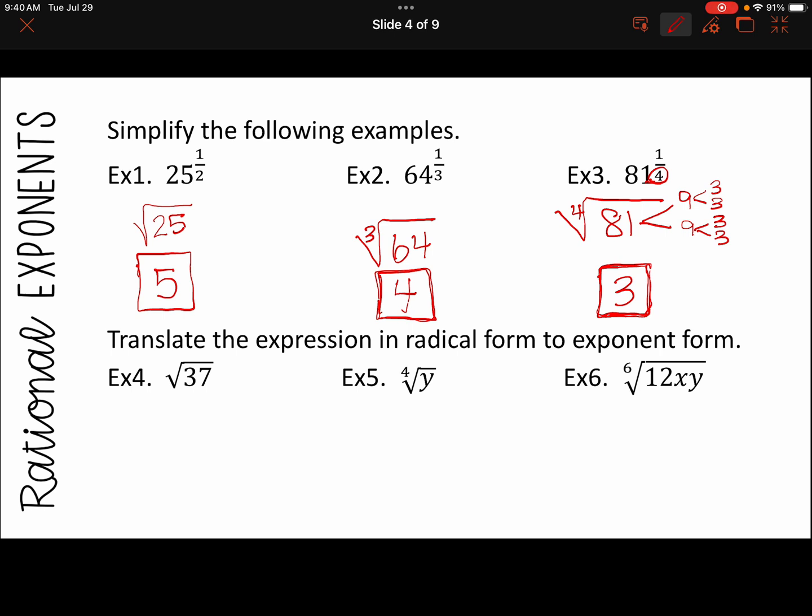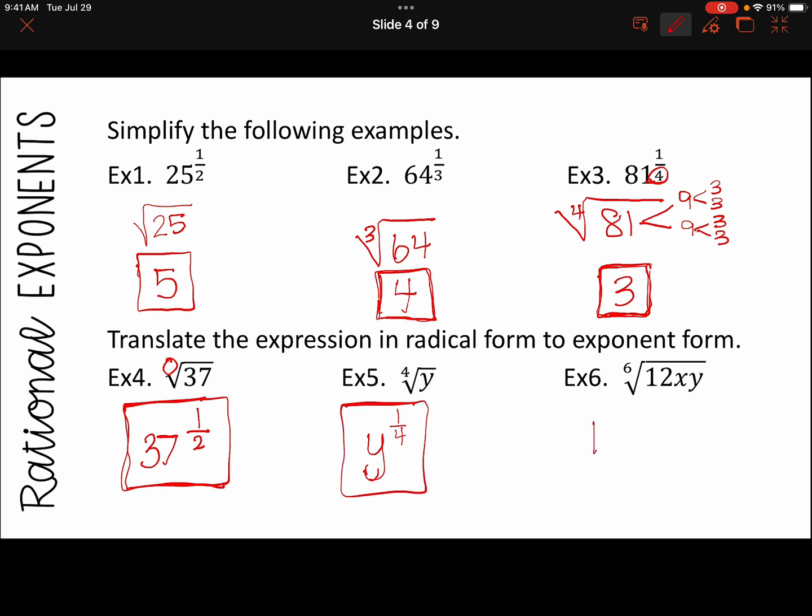Okay, now if it's written in this form, we can turn it into exponent form. So 37 is going to be our base. If we don't see a number out here, that is a square root. So 37 to the 1/2 is how we would write it with a rational exponent. This is saying the 4th root, so that would be y to the 1/4.